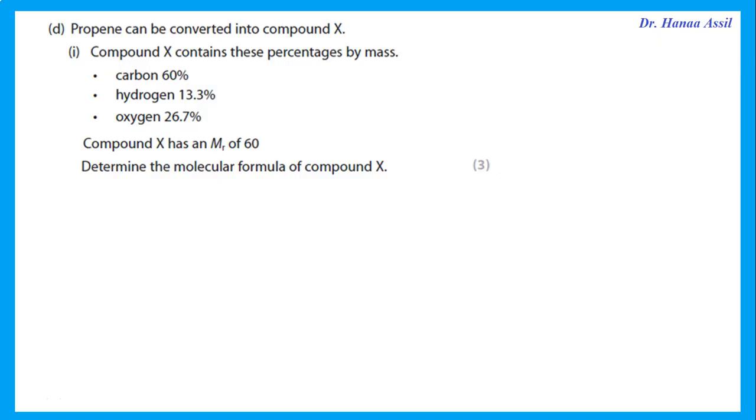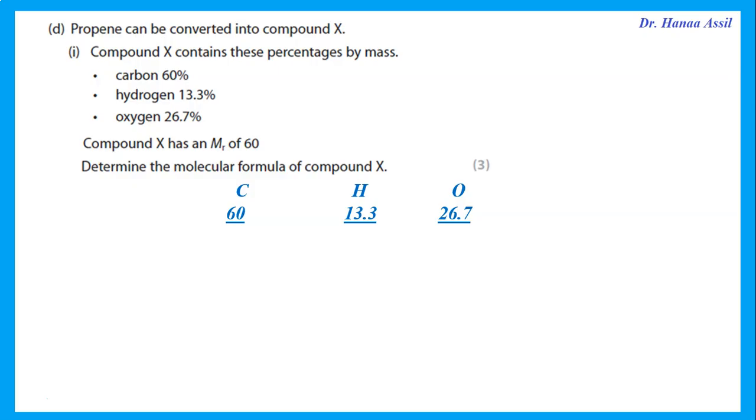Propene can be converted into compound X, and we're given the percentages of carbon, hydrogen, and oxygen in X. We are told that compound X has an MR of 60. Determine the molecular formula of X. Of course, to get the molecular formula, we first need to get empirical formula. So how do we get the empirical formula of X?